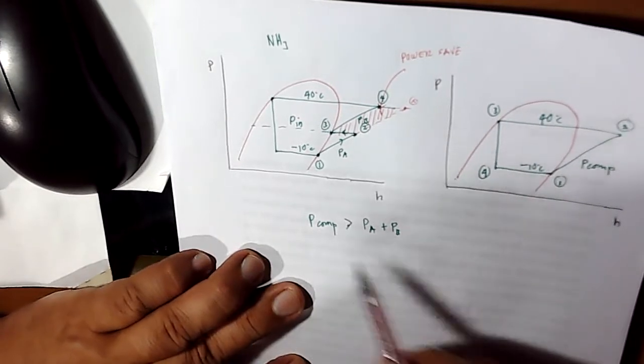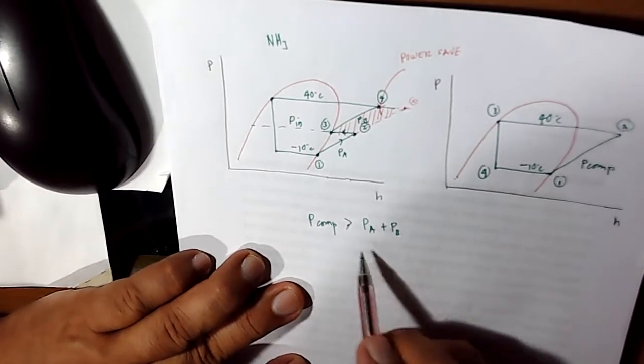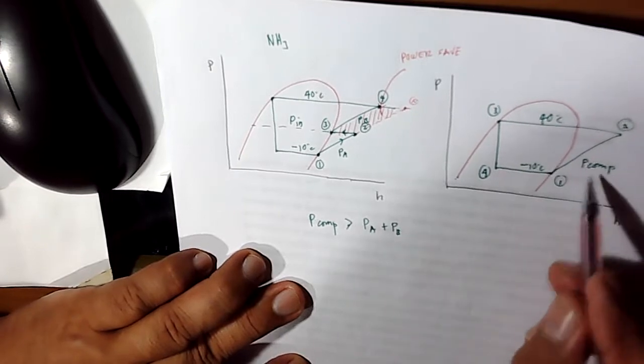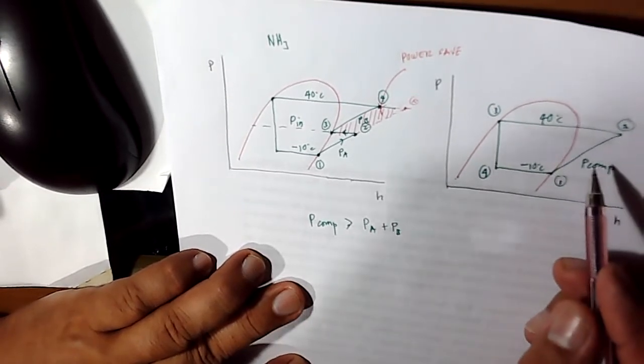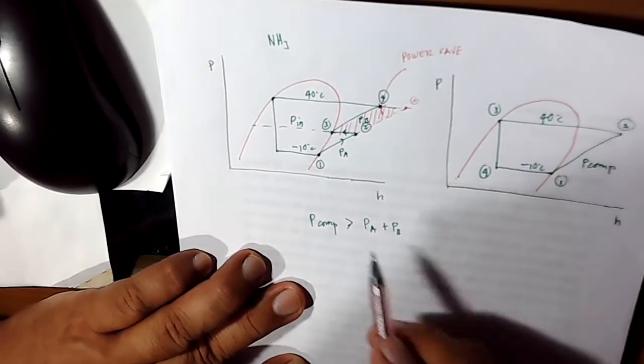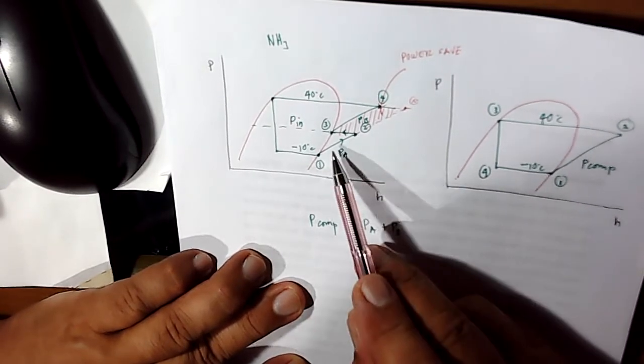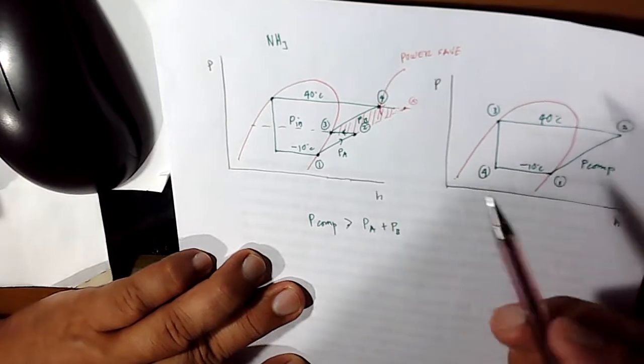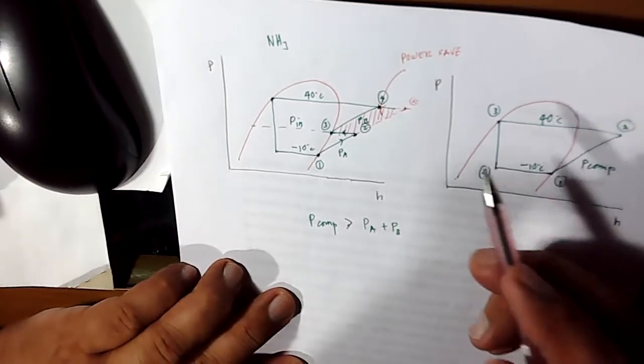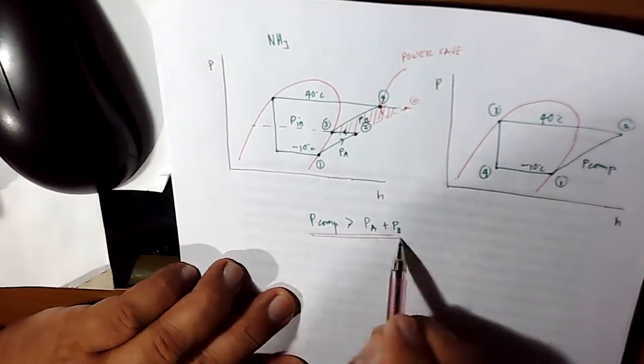And when we compute this, the power of the compressor using only one big compressor is much greater than the combined power of the low stage compressor and the high stage compressor. By computation, it must be this one.